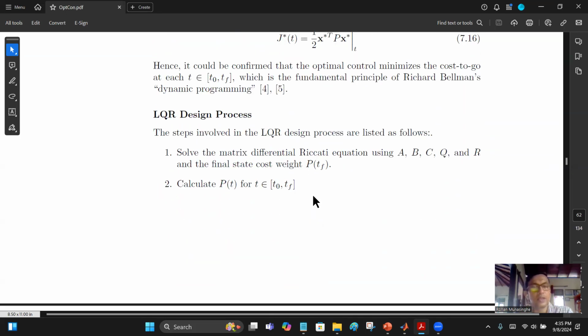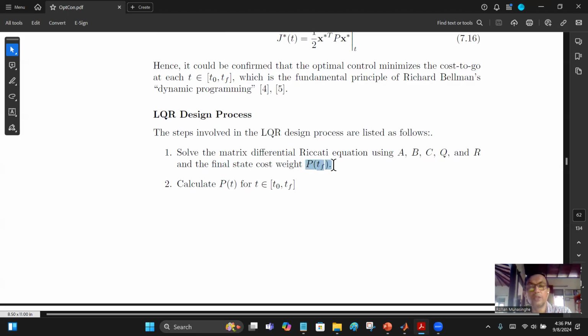Right, now let's look at the design process. How we can bring all these equations and eventually cook something that we can actually make use of. So it says this, if you want to design an LQR, these are the steps. First one, solve the matrix differential Riccati equation using A, B, Q, and R, and the final state cost weight, P(tf).